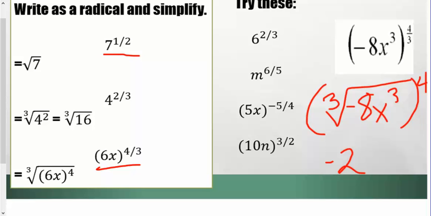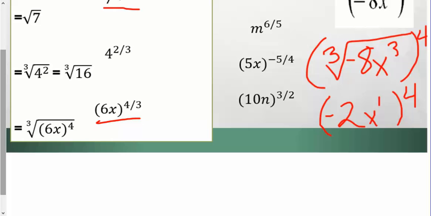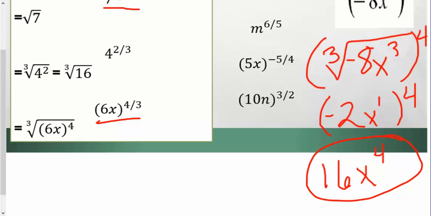And just like with square roots, I'm going to do the same thing with my x's, but instead of dividing by 2, I just need to divide the exponent by 3. So this would be x to the 3 over 3, or just simply x to the first. Then I can raise the whole thing to the fourth power. So negative 2 to the fourth power would be 16x to the fourth. So that is as far as it can be simplified down.